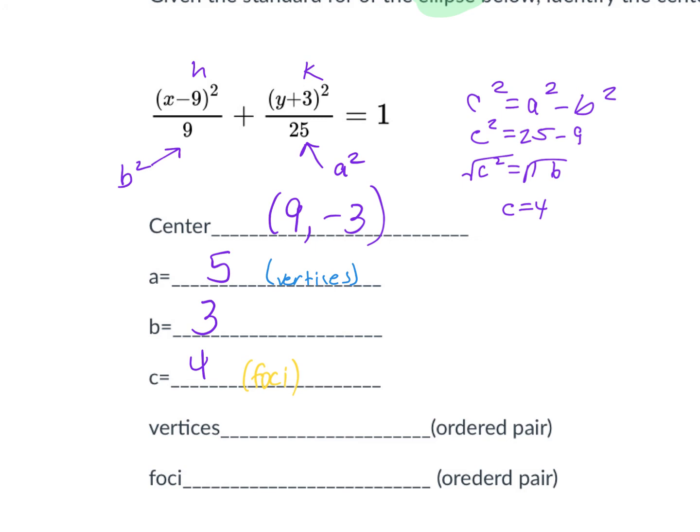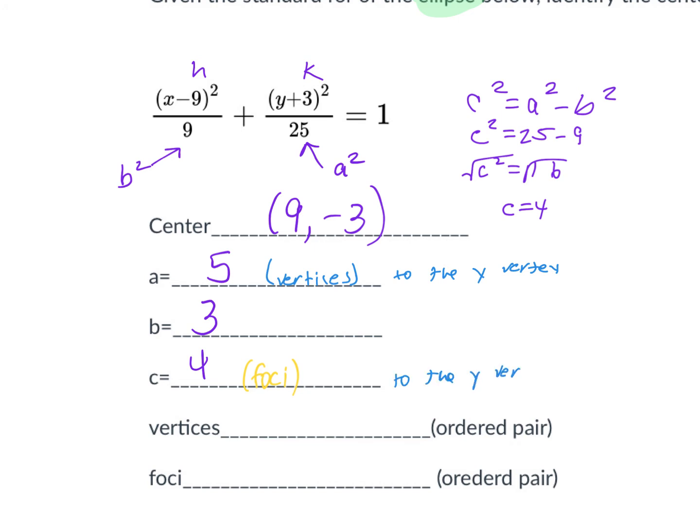So think about what kind of a ellipse we're talking about. Is this an x squared or a y squared? Which is bigger, guys, 25 or 9? So y. That means I'm going to add and subtract to the y of the vertex.